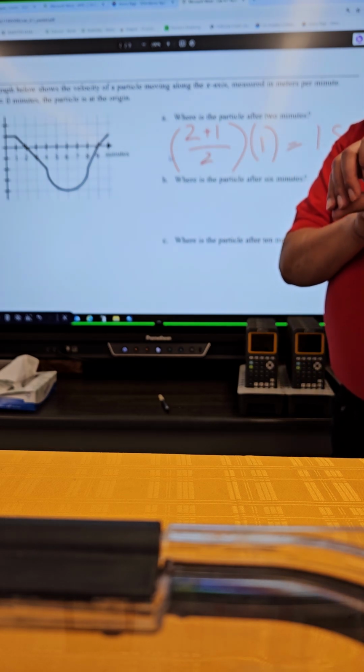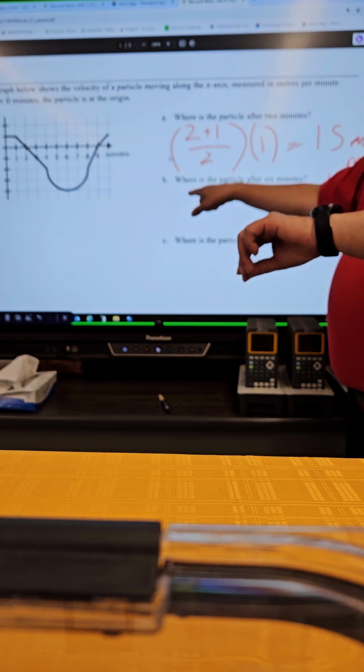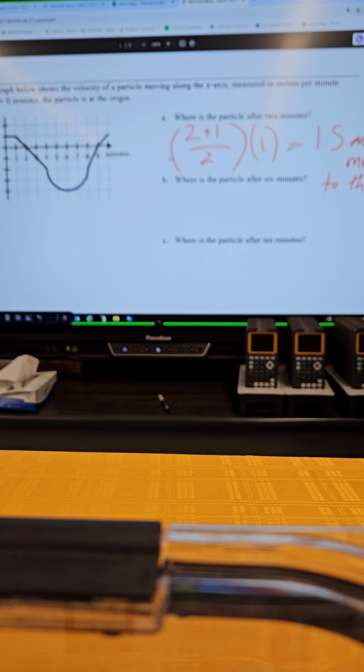I need a volunteer. After 2 minutes, you're going to have to do letter B. Wait, so letter B is what's going on after 6 minutes. So that's from 0 to 6. Mike, are you happy with it? Nah, man, that's still hard. So the question is, where is the particle after 6 minutes?